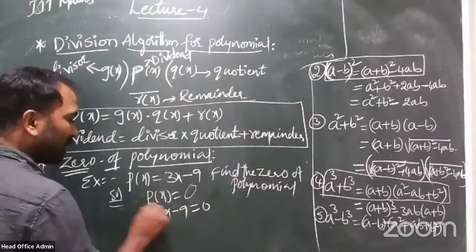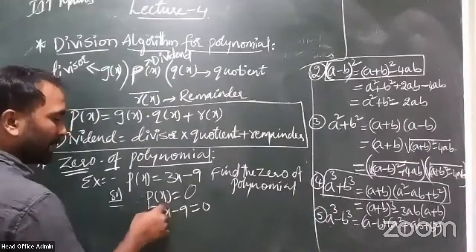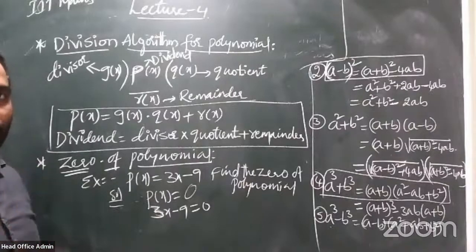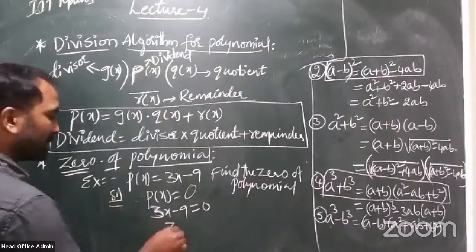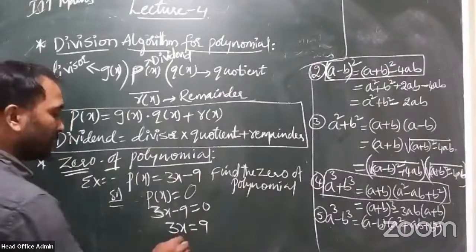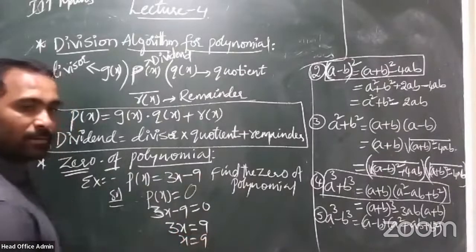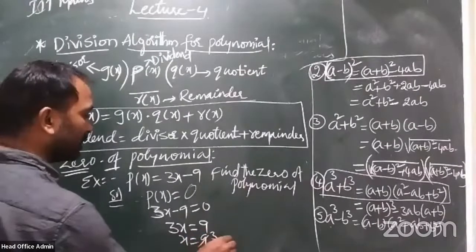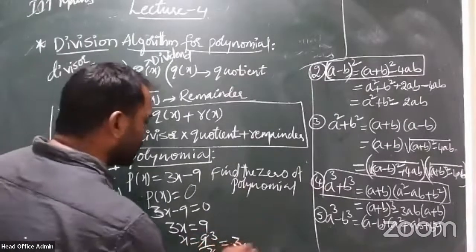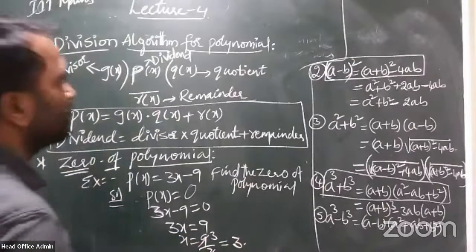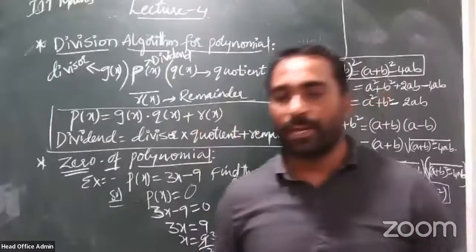Here the unknown variable is x. So 3x equals 9, because minus 9 moves across and becomes plus 9. So x equals 9 by 3, which is 3. We found the value of x.